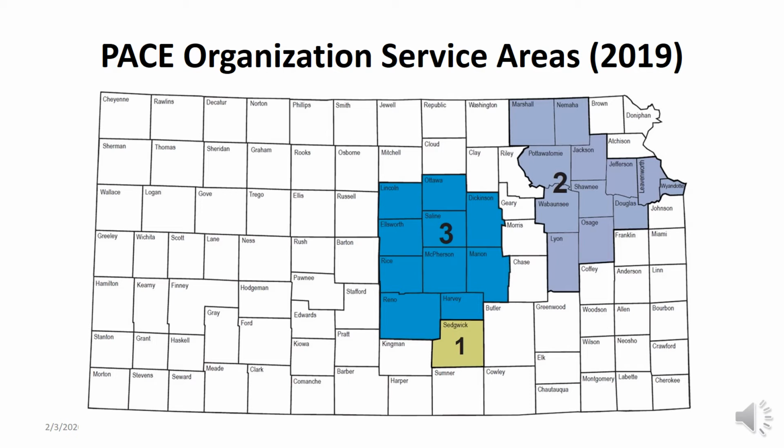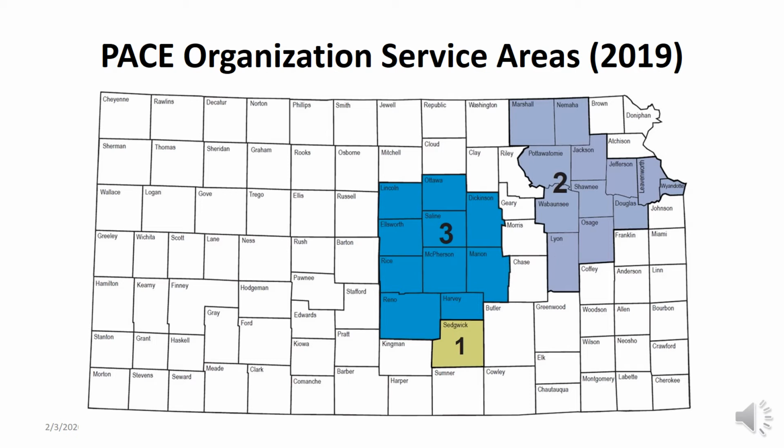Via Christi Hope covers Sedgwick County, and you can call 316-858-1111 for Sedgwick County. Midland covers Douglas, Jackson, Jefferson, Leavenworth, Lyon, Marshall, Nemaha, Osage, Potawatomi, Shawnee, Wabunsee, and Wyandotte. Their number is 785-232-2044.